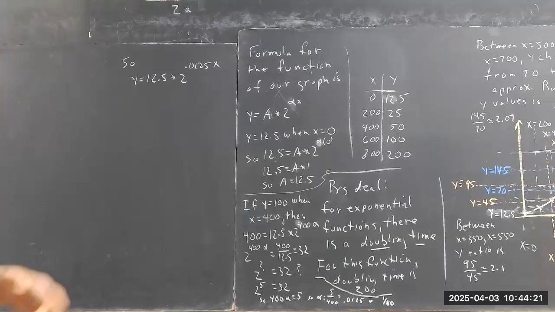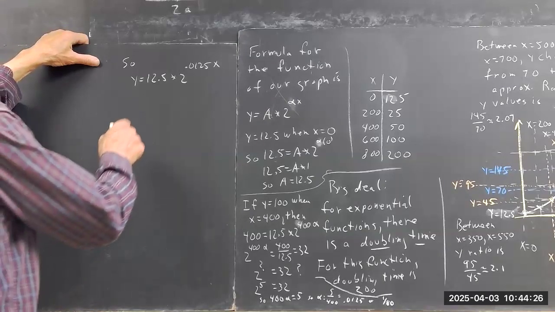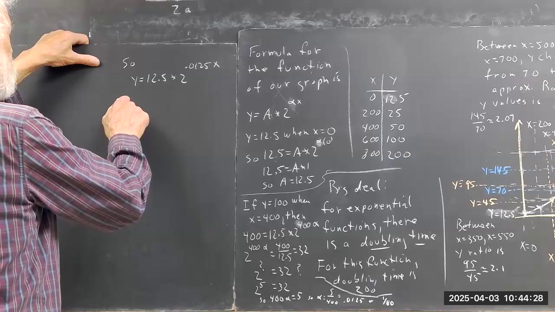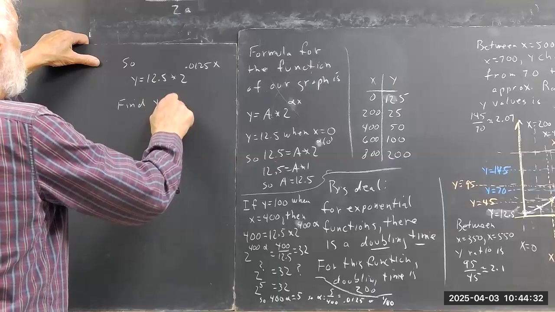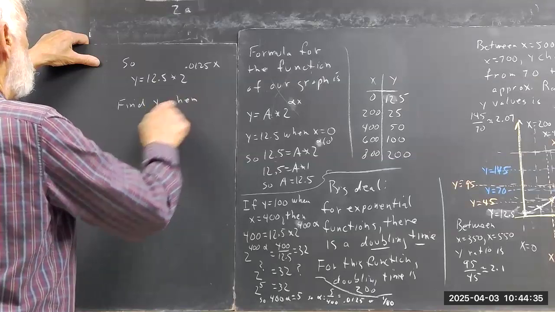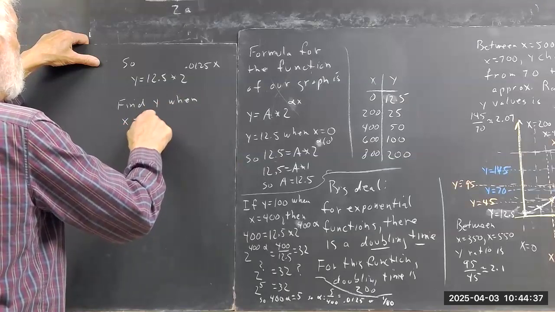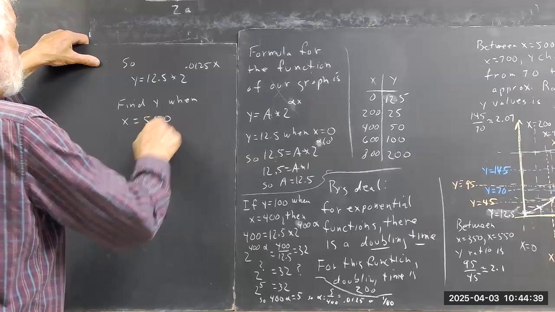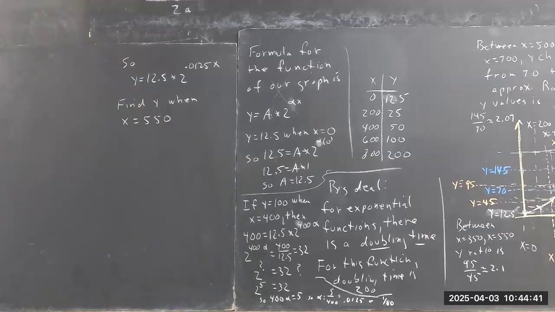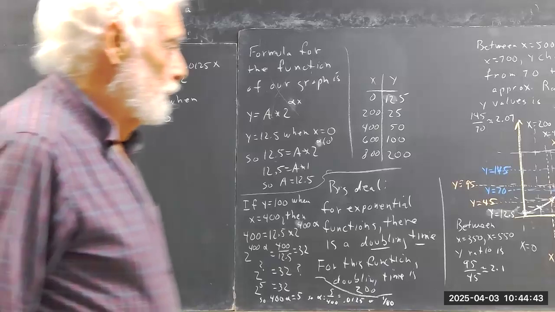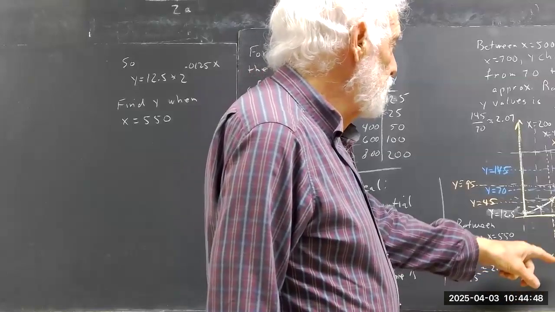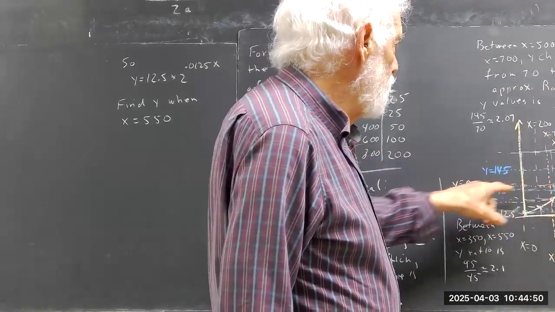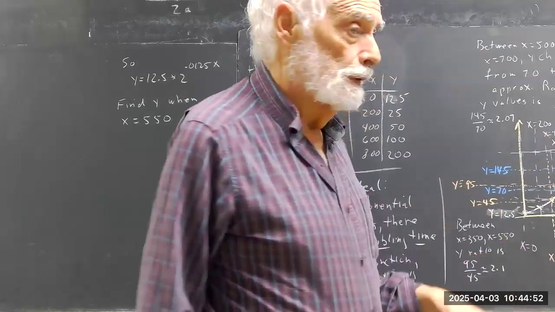But let's test it. Take your calculator. Let's just find y when x equals 550. Now remember over here on the graph, we estimated that when x is 550, y is 95, right?